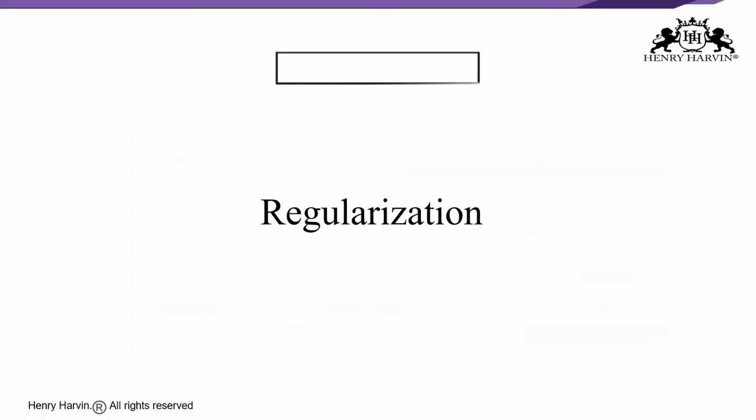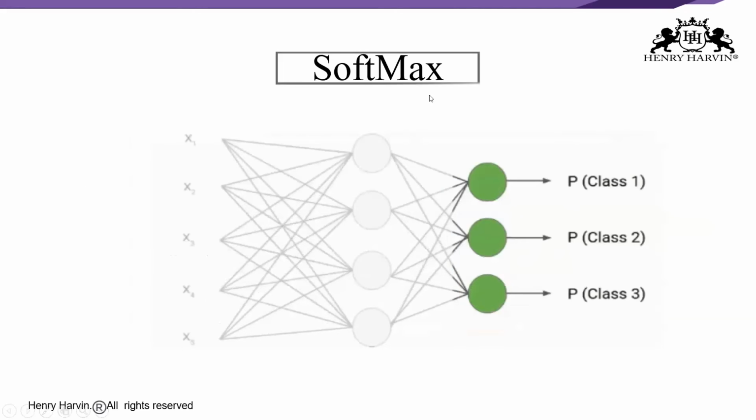So for example, let's say what I'm getting over here is Z21 equal to 2.33, Z22 equal to minus 1.46, and Z23 equal to 0.56, just as an example. So this is how it appears.